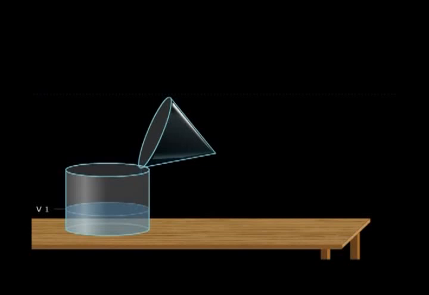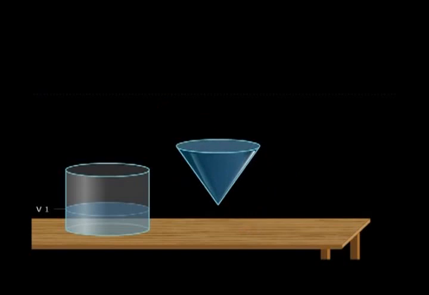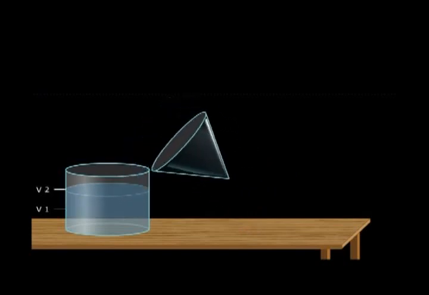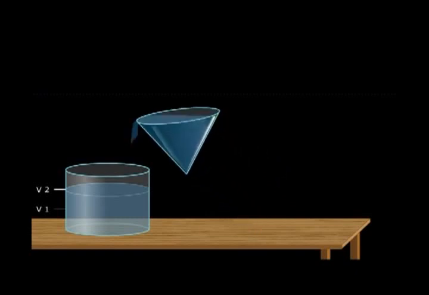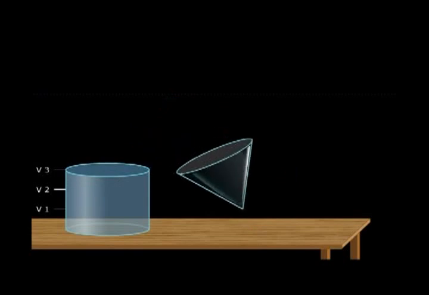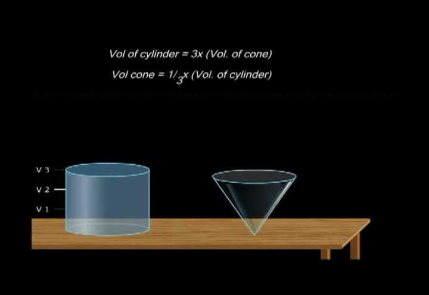Repeat this until you fill the cylinder. You will notice that 3 cones are needed to fill the cylinder. It follows therefore that the volume of the cylinder is 3 times that of the cone. Put in another way, the volume of the cone is a third that of the cylinder.